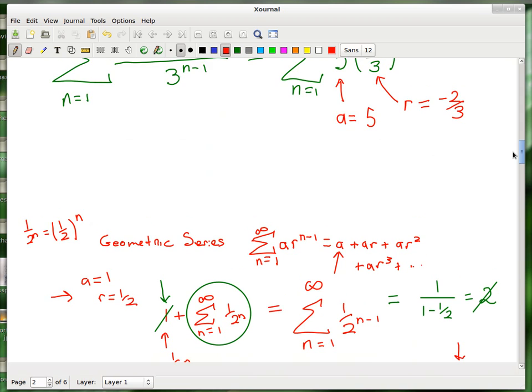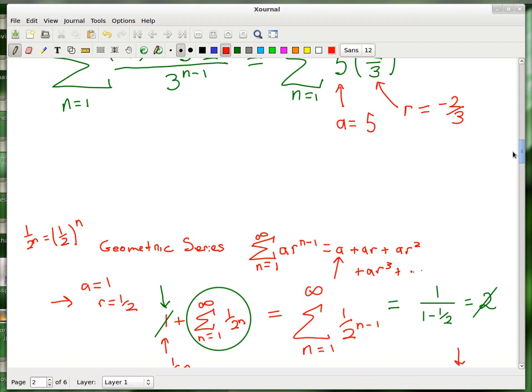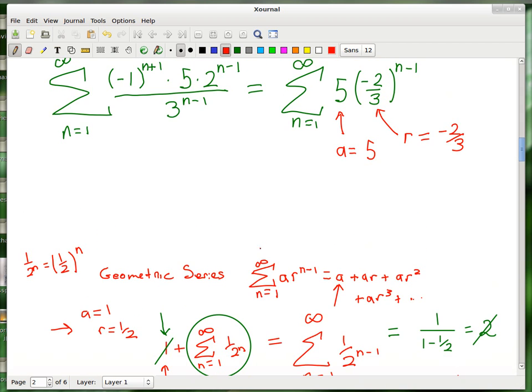Here you can see is the formula. Here's the constant part, here's the common ratio. It goes from 1 to infinity, and the exponent starts at n minus 1. All those things are true. And it's also true that the absolute value of the common ratio r is less than 1, right? So just check.